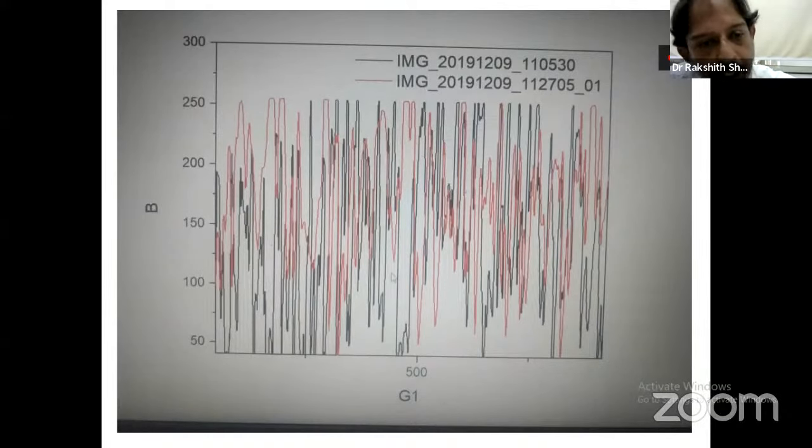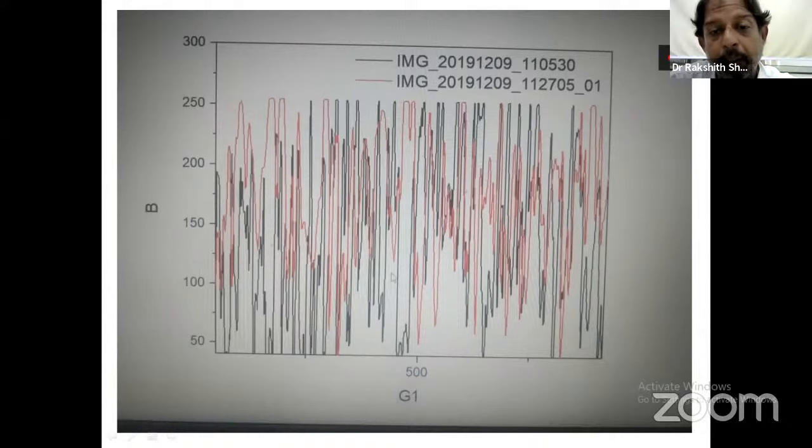Now we have a red colored graph and a black colored graph. You can see in the above part there are two images. Image one was of one particular patient, and image two was of another. Image one was black and image two was red.